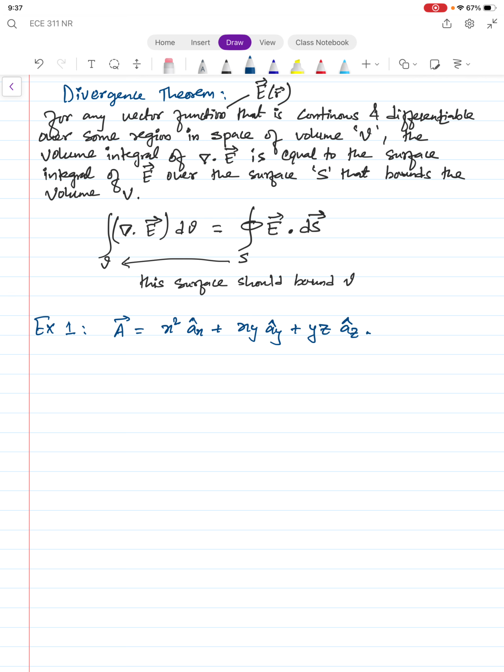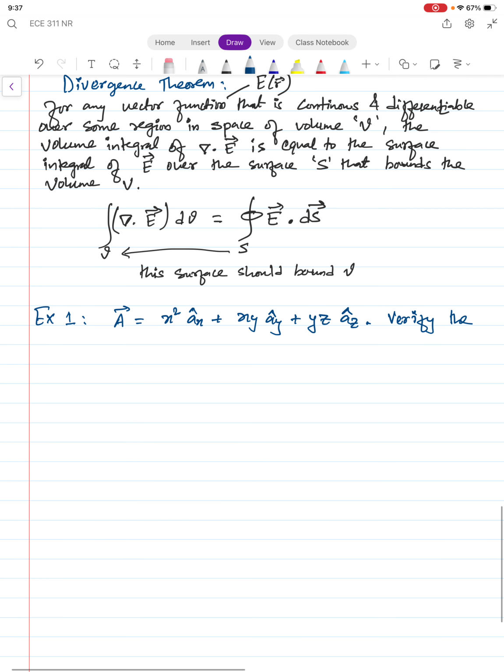Okay, and you have to verify the divergence theorem over a cube with sides of unit length.